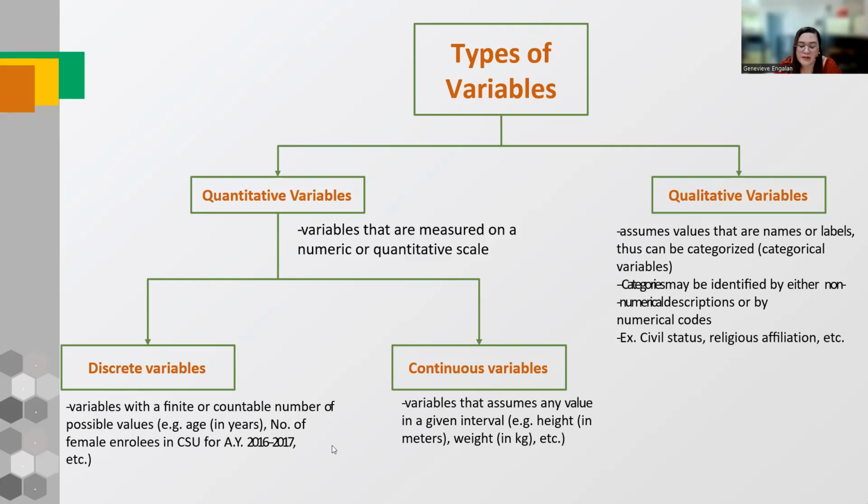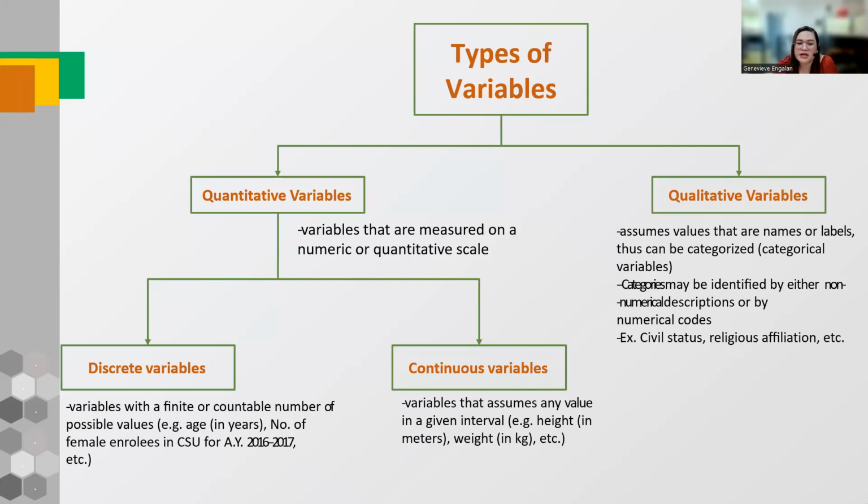Okay. Another example is the female enrollees in CSU. We can't say that there are 50.5 enrollees, no? That there is half a person. No. So, number of people, and so on. Those that cannot have decimals. The continuous variables are those variables that can take any value in a given interval. So for example, your height, you can have 156.3 in centimeters, right?